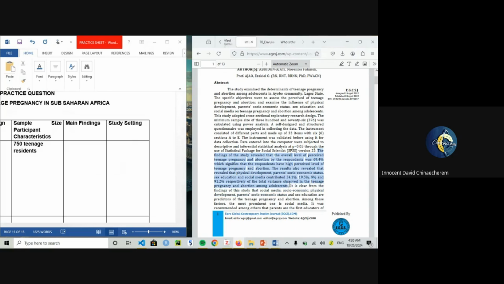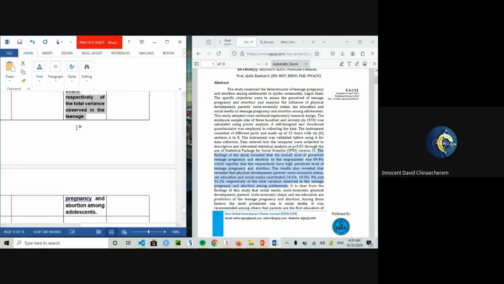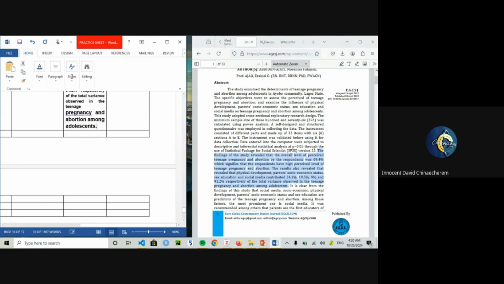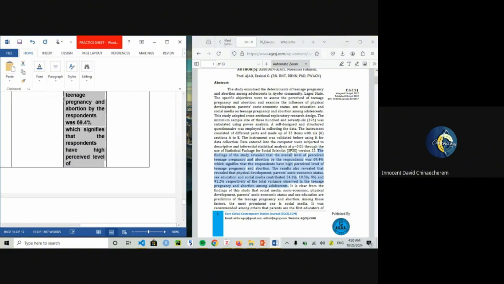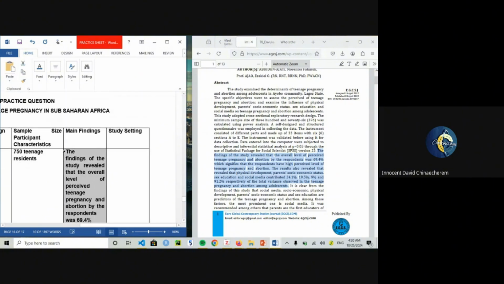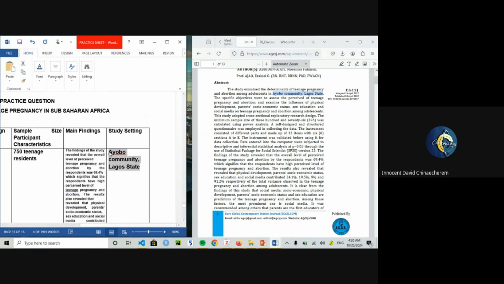For the sake of this, I'm just going to pick out that. Okay, so setting is this. So congratulations, we've just performed our first data extraction for our first study. We still keep the papers, because we still have a whole lot of things to do.